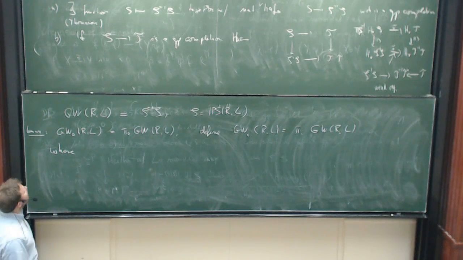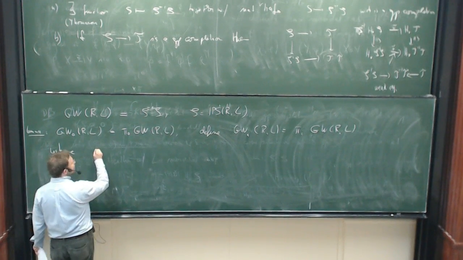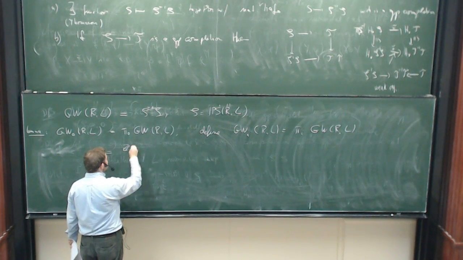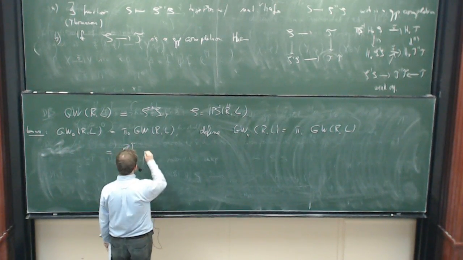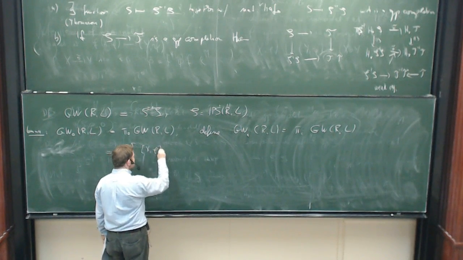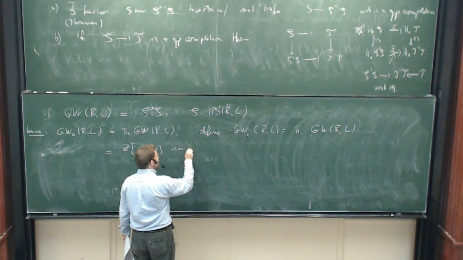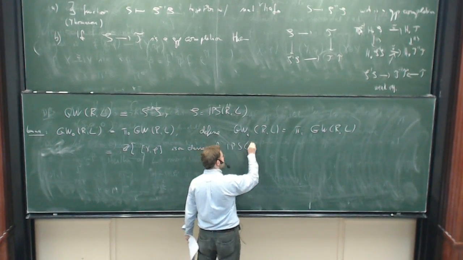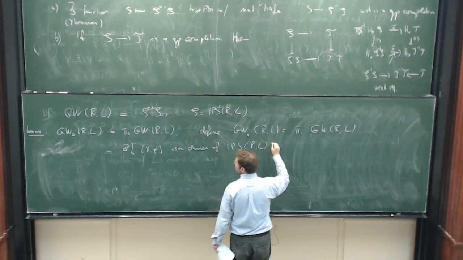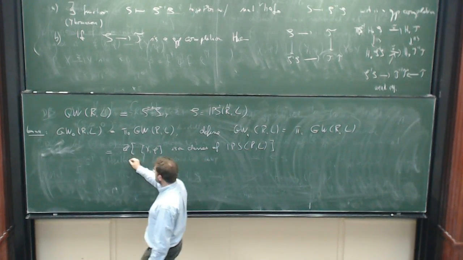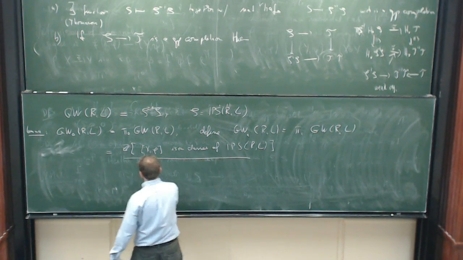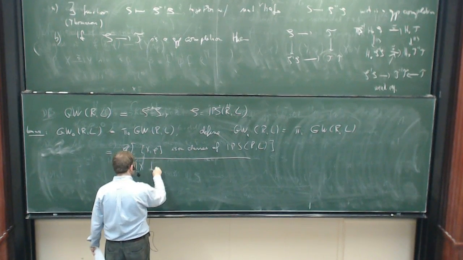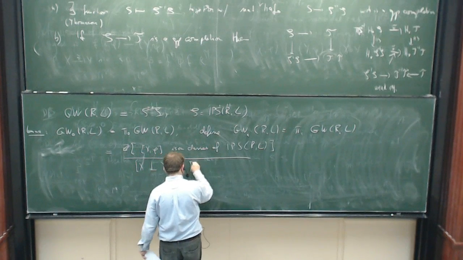This is the same as the free abelian group on isometry classes of inner product spaces, modulo the fact that if I have an inner product space, the orthogonal sum is the same as the sum.